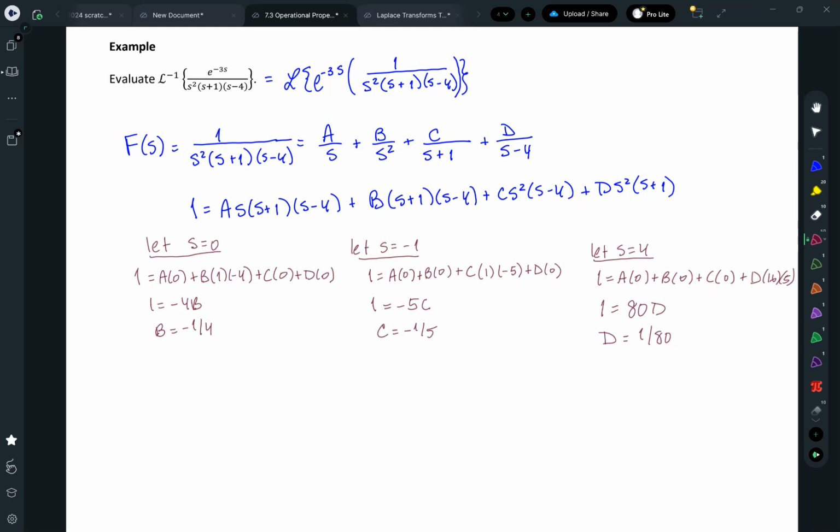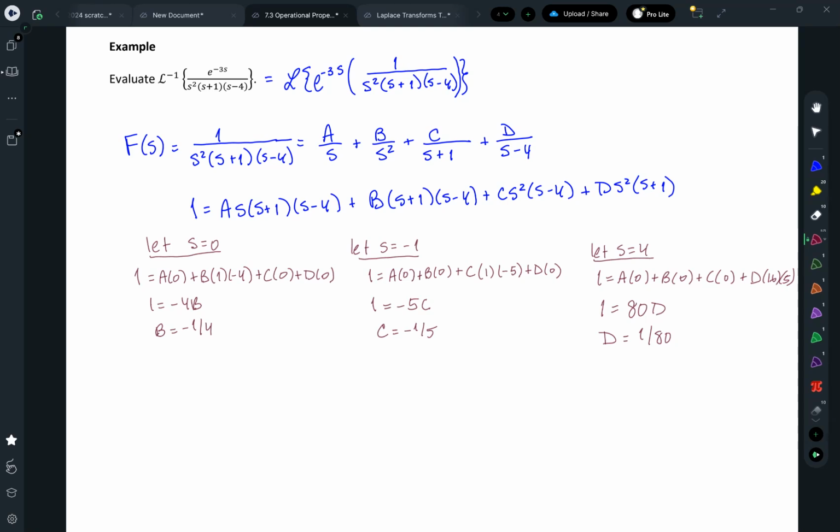I can pick a less strategic s value that will allow me to get A. Letting s equal 0, negative 1, and 4 was nice because it helped me to get rid of 3 of the unknowns and solve for a 4th. But I have the 3 unknown values, so I can plug those in too. So let's see. I'm trying to think of what would be a nice number to use. Maybe 2.